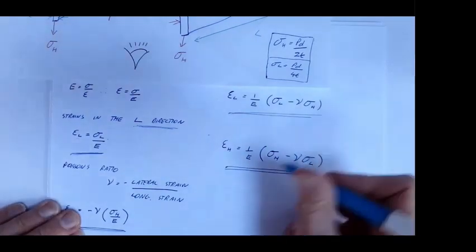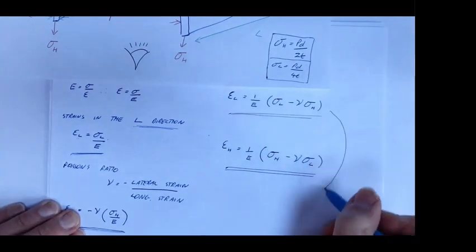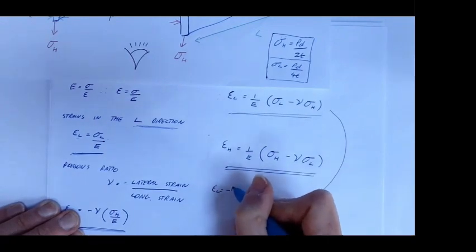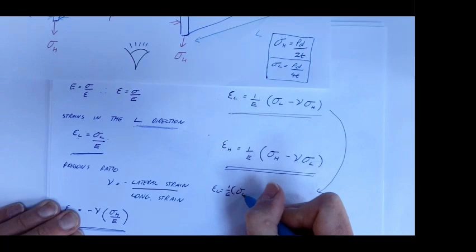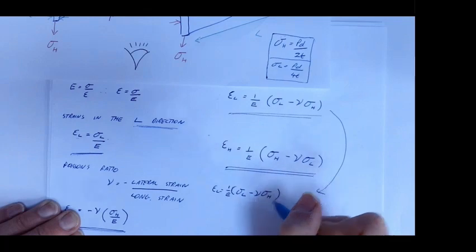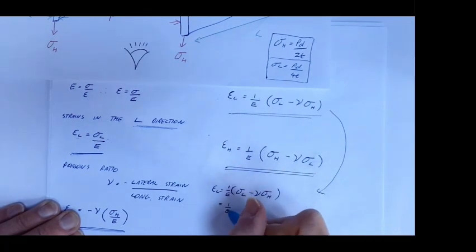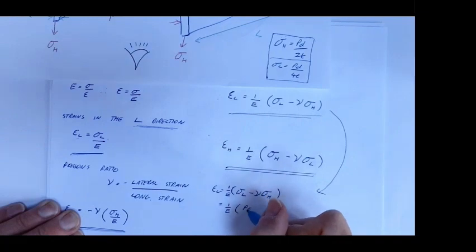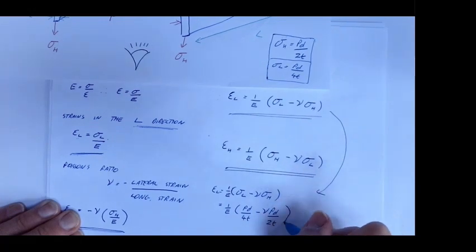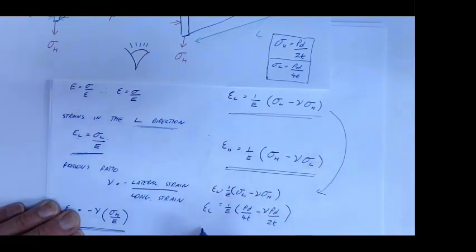So for our longitudinal strain, equals 1 over the Young's modulus times longitudinal stress minus Poisson's ratio times the hoop stress, is simply going to be 1 over E times longitudinal stress PD over 4T minus Poisson's ratio times the hoop stress PD over 2T. So that's my total longitudinal strain.